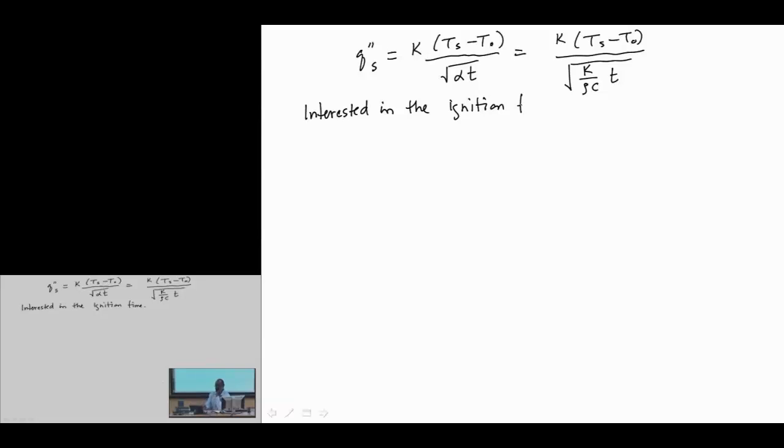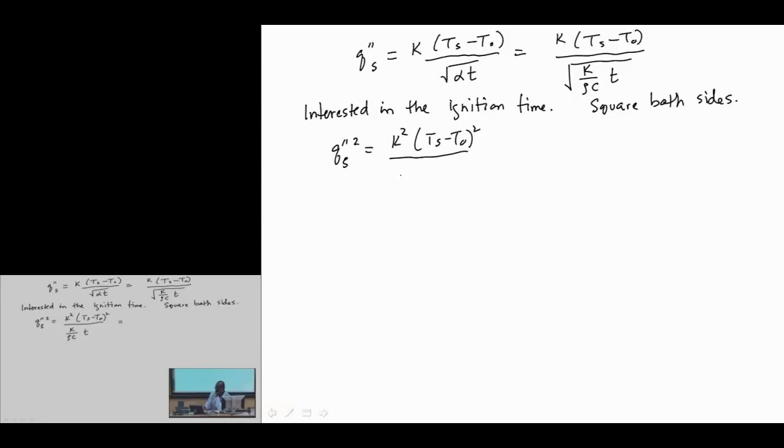And so when we square both sides, we get, again, Q_S squared equals k squared (T_S minus T_0) squared, divided by k over rho c t. So we get k rho c (T_S minus T_0) squared over t.